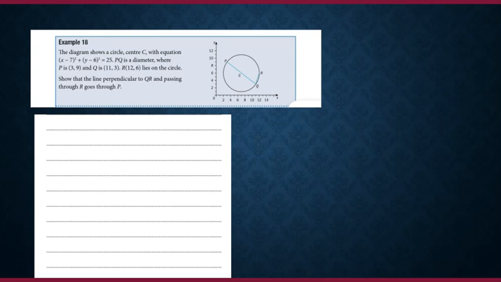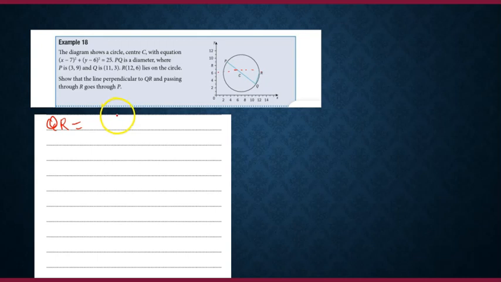So let's look at QR. QR has which gradient? We can check the change in y over change in x. The change in y, QR, is at this point 6.